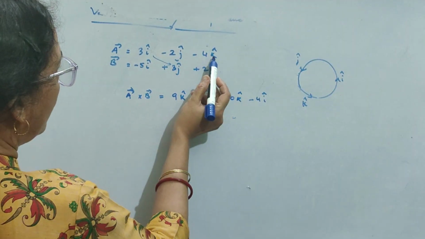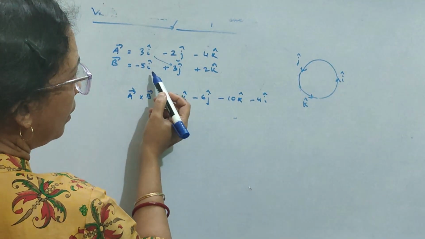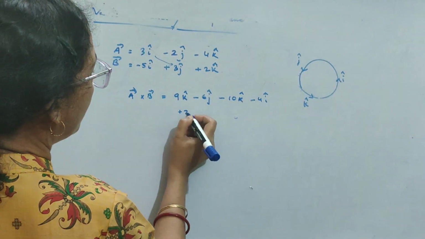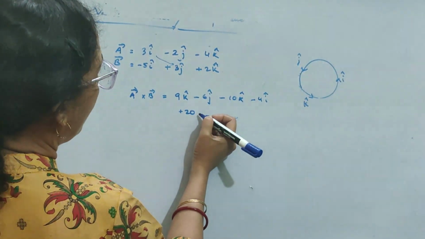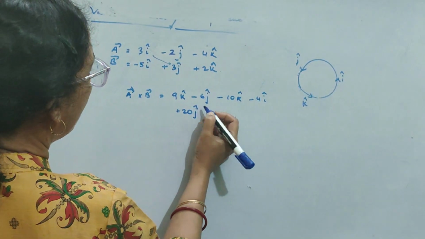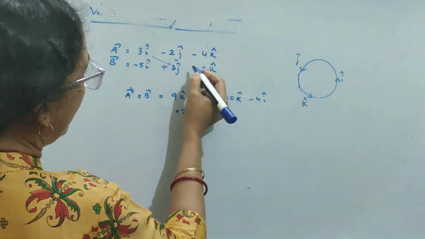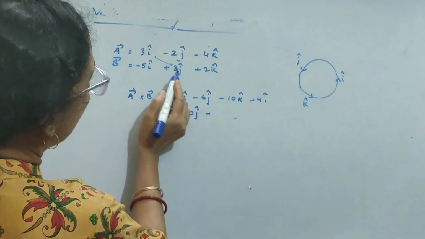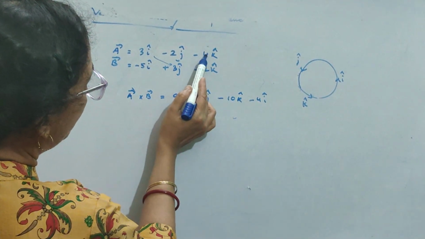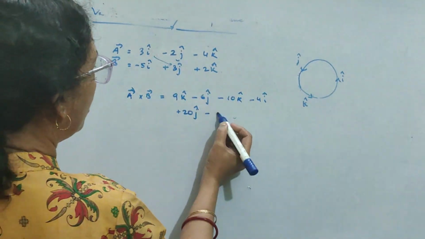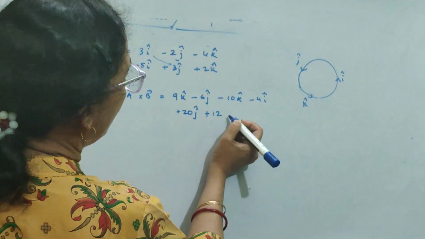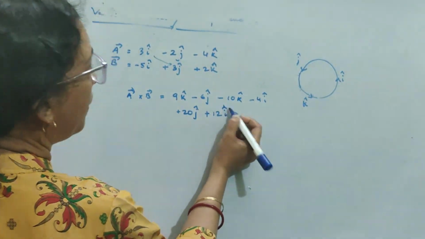Now finally k cross i is plus j, 4 into minus 5 is 20, so it is plus 20j, and k cross j is minus i, but 4 is negative and 3 is positive, so 12 minus 12 will be, so this will become positive i.